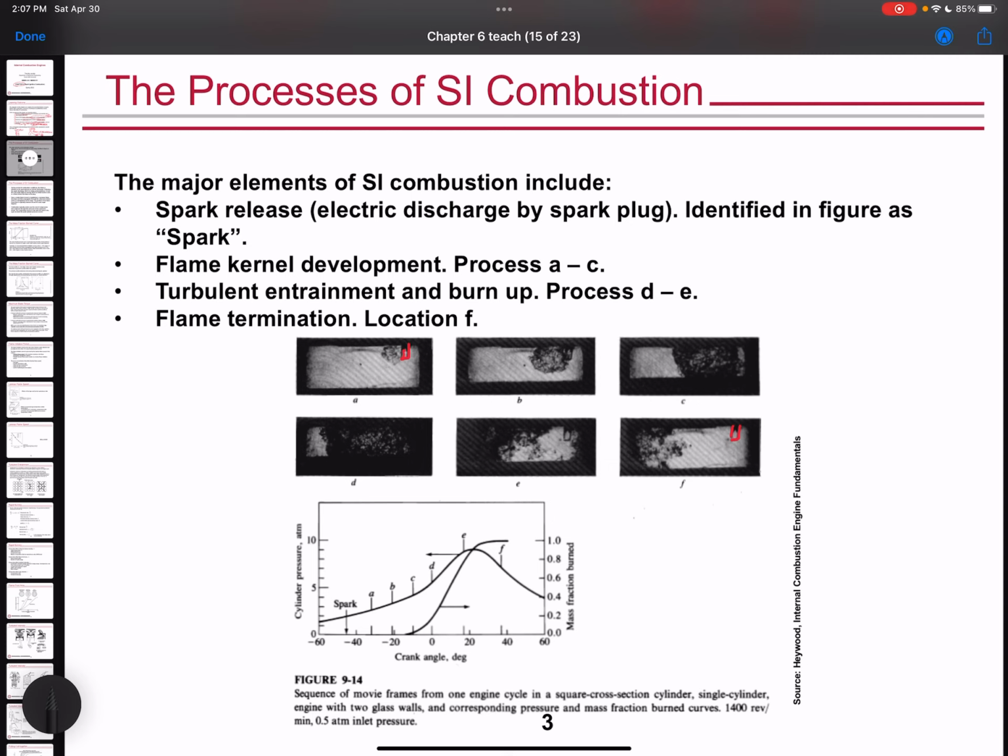Basically that spark is the flow of a high voltage current between the two poles, and that then causes locally, very, very locally, within a few micrometers of that spark discharge, a localized, ionized plasma. That localized ionized plasma, if it's in the presence of a fuel-air mixture, causes the fuel and air to begin to react. Okay, but again, we have to be really careful by what we mean when we say react.